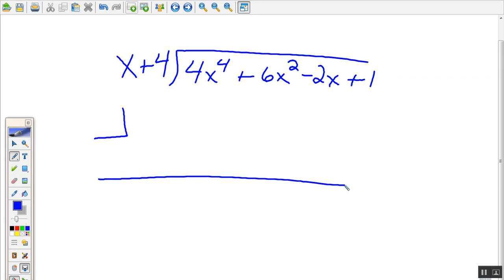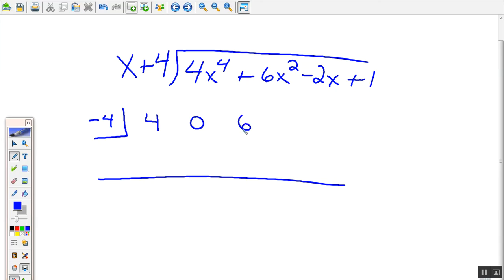All right, kids, what's going to go in here for K? -4. Yep. It's kind of the opposite of what's in here. What are my coefficients going to be to start with for my dividend? 4, 0. Wait, I don't see a 0. Why 0? Because it's missing the x cubed.